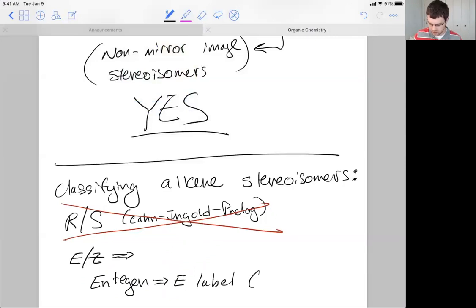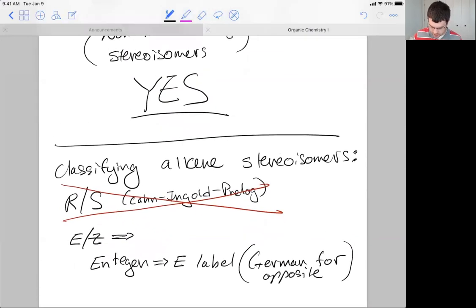This is just German for opposite. And then Z stands for zusammen. So when we have the Z label, we have zusammen, which is German for same.